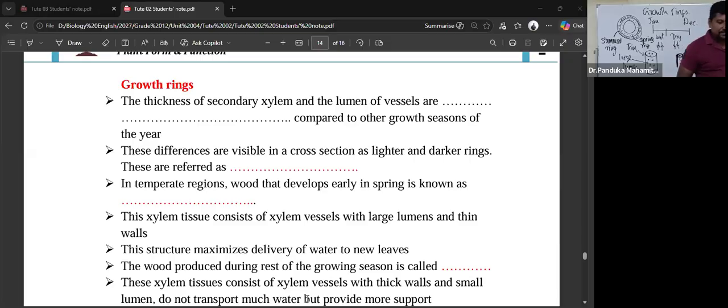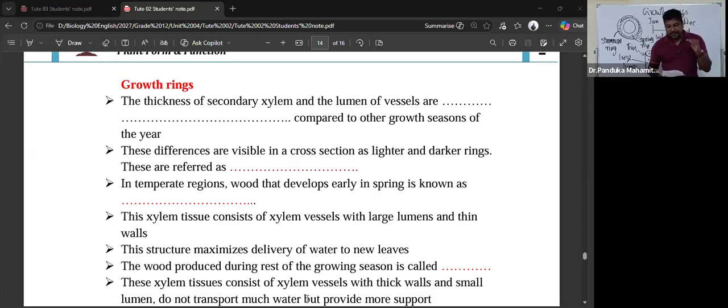Growth rings. The thickness of the secondary xylem and the lumen of vessels are larger in periods of warm and wet seasons compared to the other growth seasons of the year.